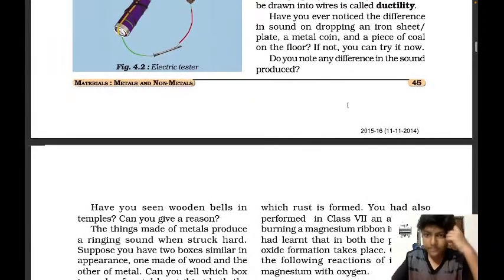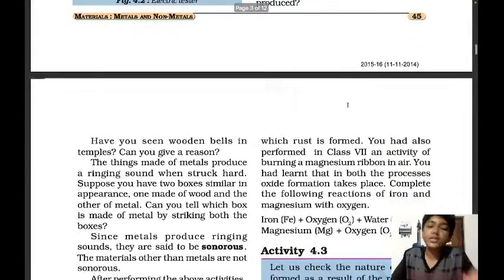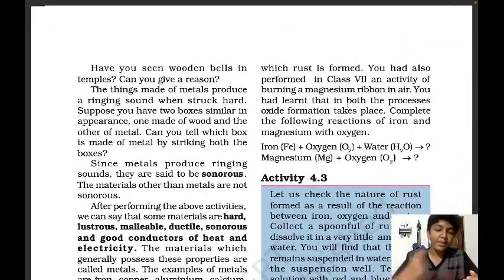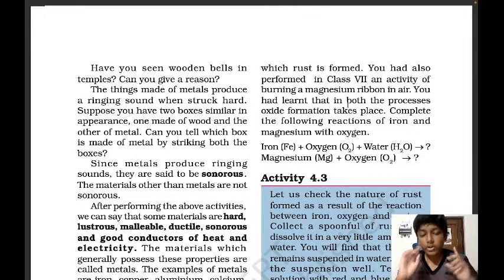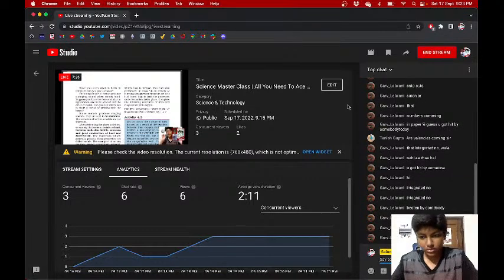When you drop a piece of coal, you will not hear the same sound as a metal coin or an iron sheet, as metallic substances are sonorous, whereas non-metallic substances are not sonorous. Try to beat an iron plate and you will be able to hear sound. But when you beat a plastic plate, you won't hear the same distinct sound.